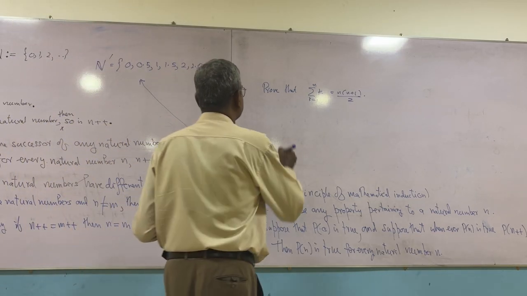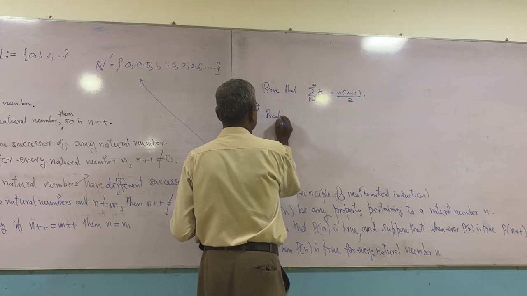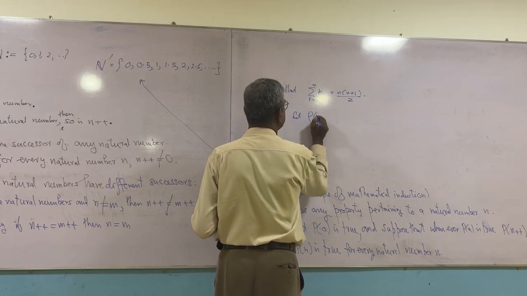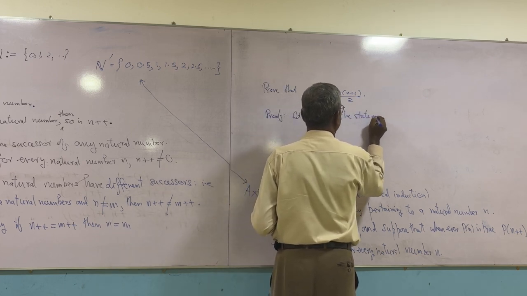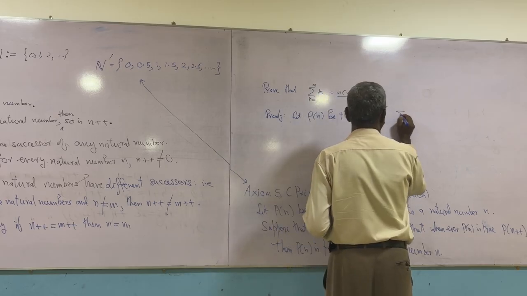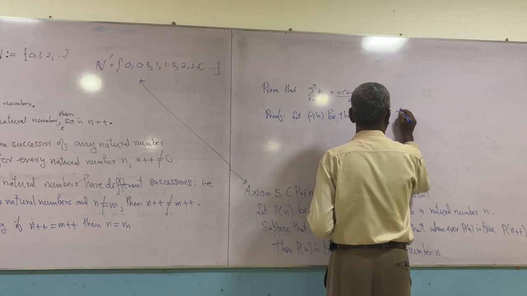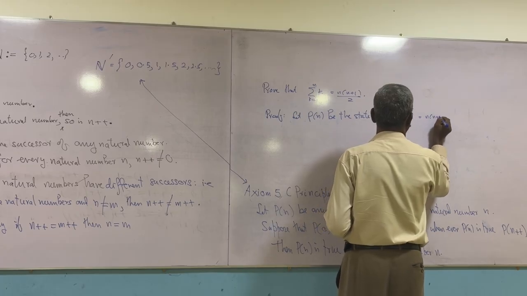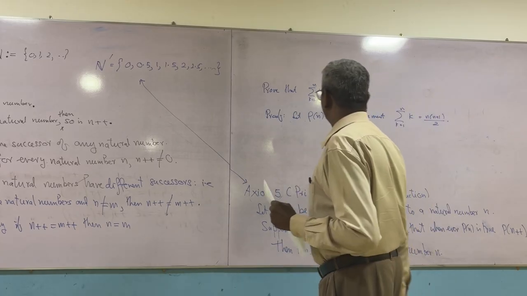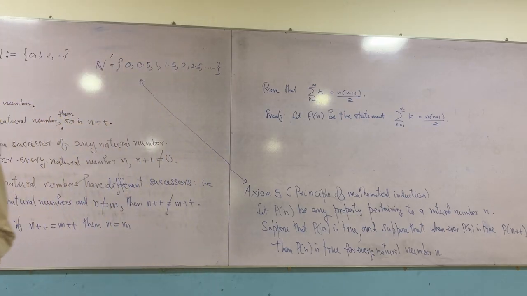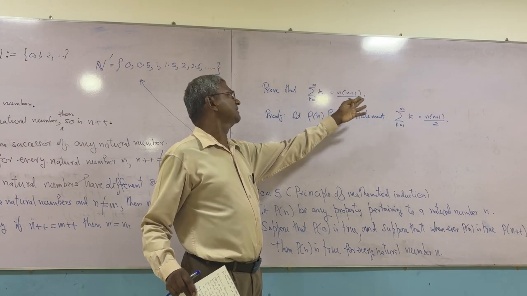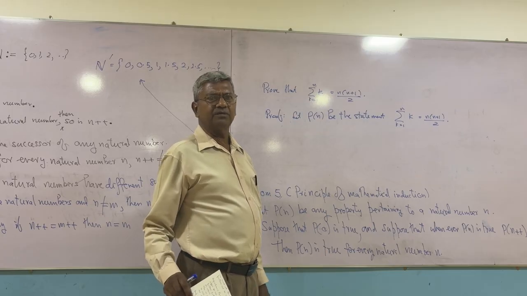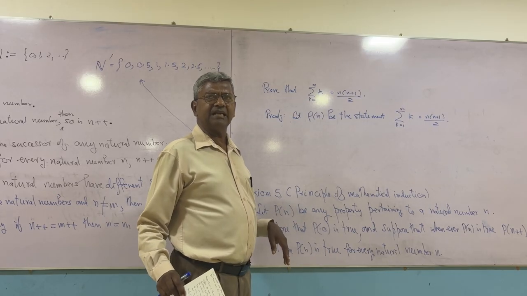So what I do is, let P n be the statement sigma k going from 1 to n is equal to n times n plus 1 divided by 2. I said P n is that. This means actually the sum of the first n integers is equal to n times n plus 1 divided by 2. So I want to use the principle of mathematical induction.